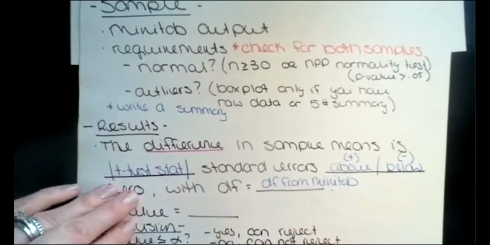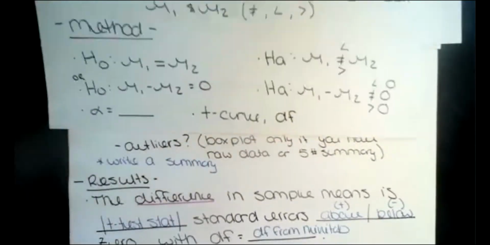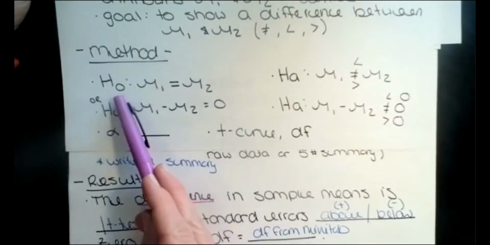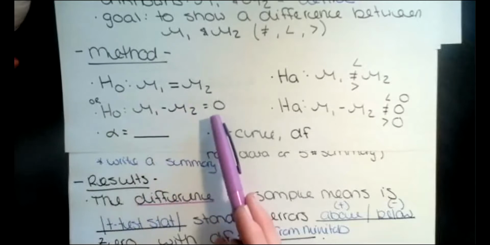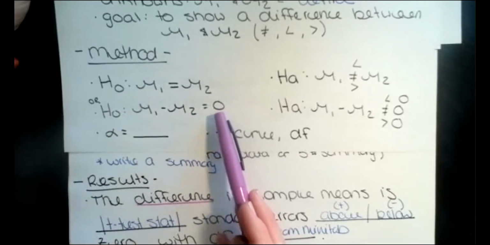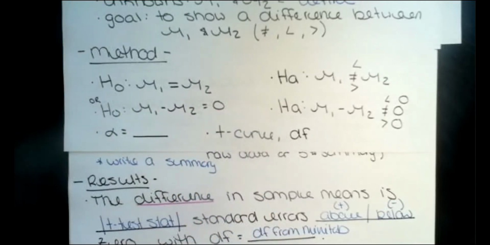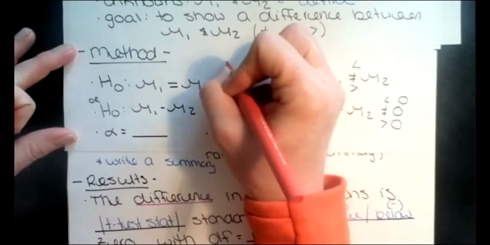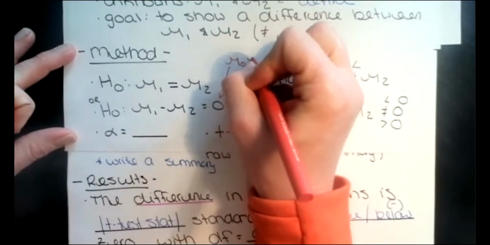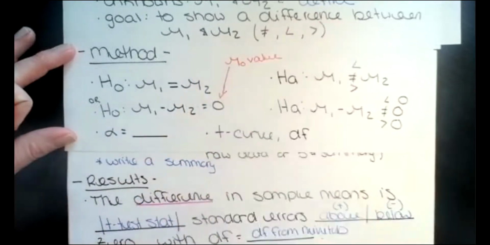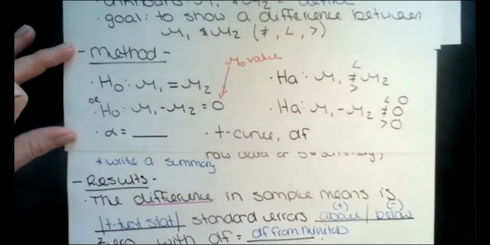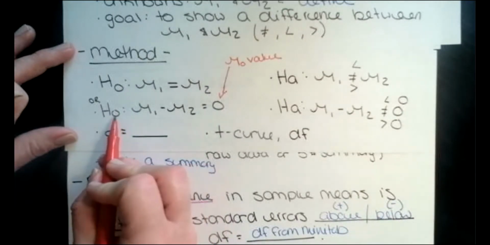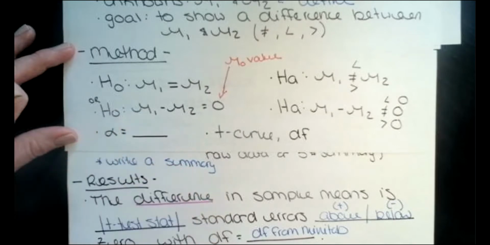When we're looking at my null, my value of mu naught is 0. Maybe I'll make a note of that so we have that. So I'm just going to write this. This is going to be the mu naught value. That's my hypothesized difference, right? My null.